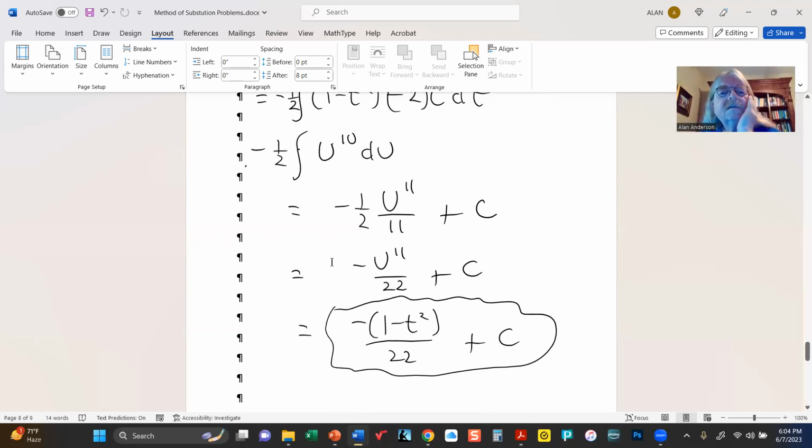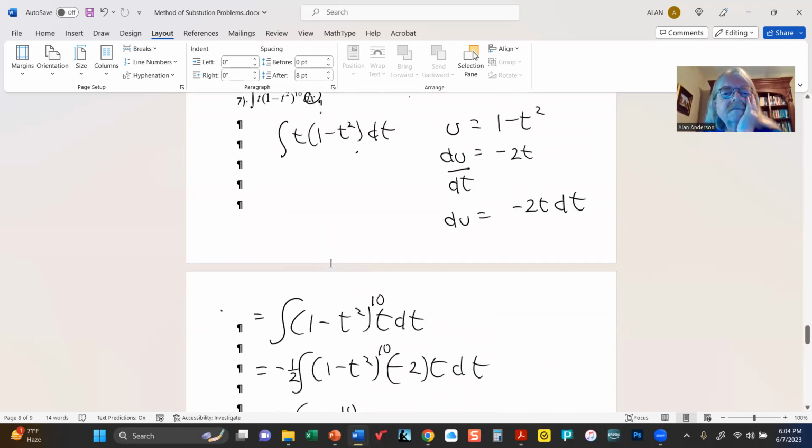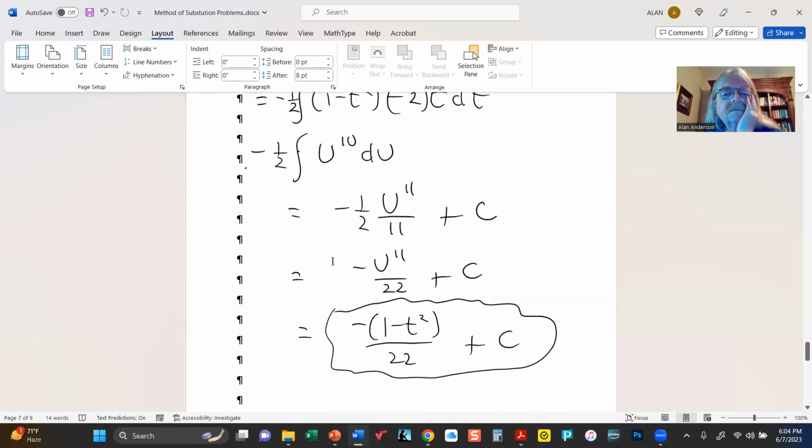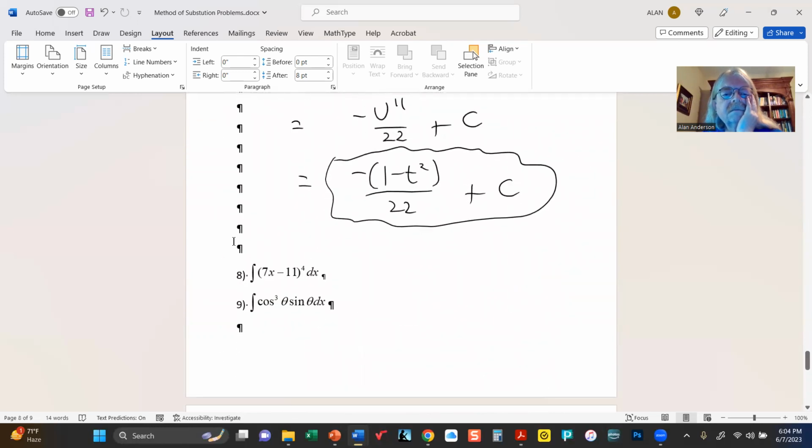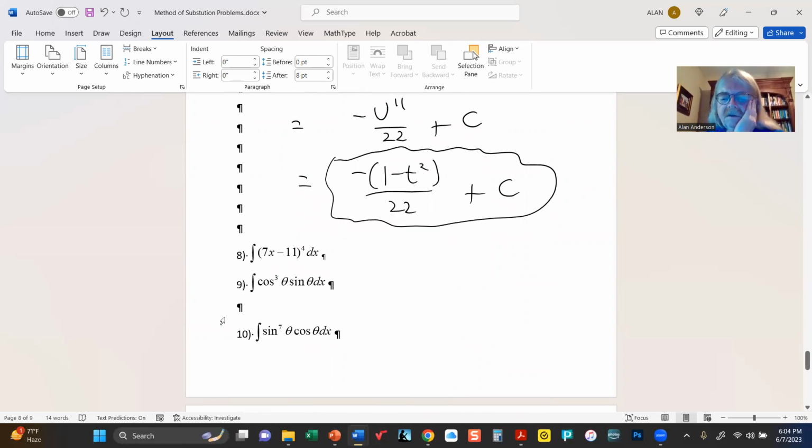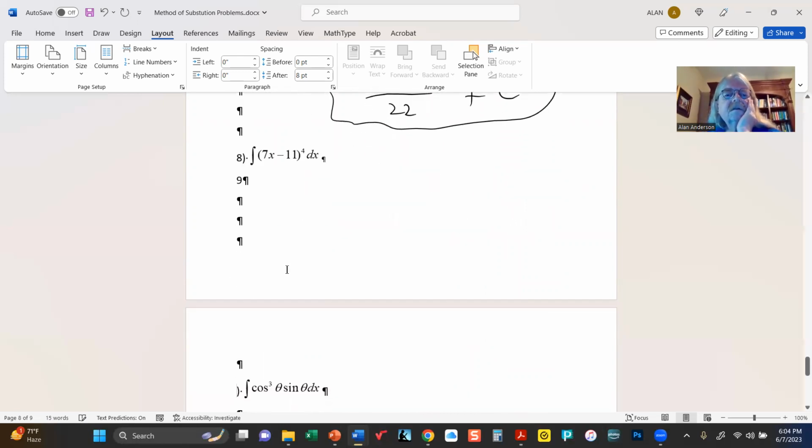All right. Now, number 8 is going to be very similar. Let's try u equals 7x minus 11, du/dx.